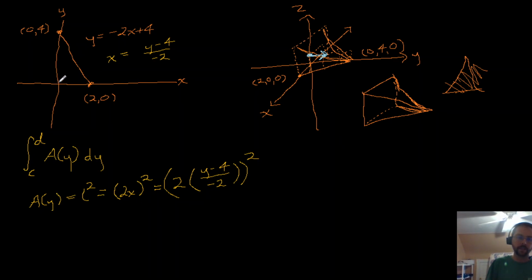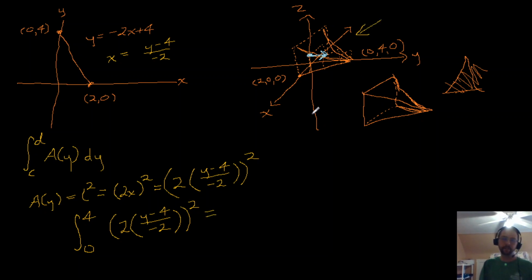C and D are starting in the same spots as last time. We're going from y equals 0 to y equals 4, which can be seen over here. So we have the integral from 0 to 4 of 2 times y minus 4 over negative 2, squared. This should give us the volume of this new shape right here that I created.